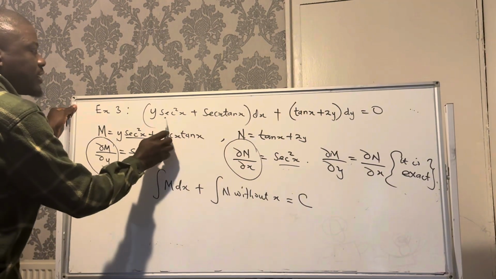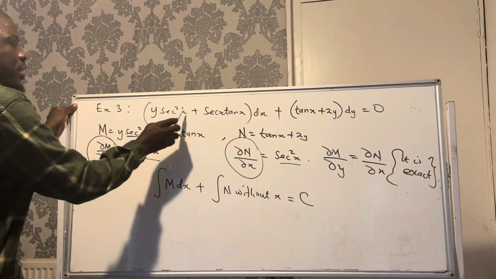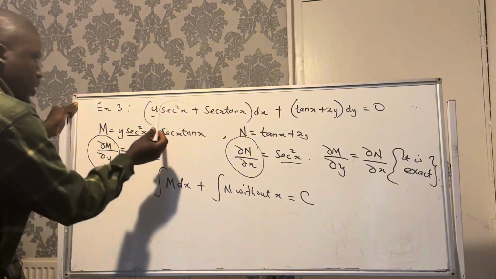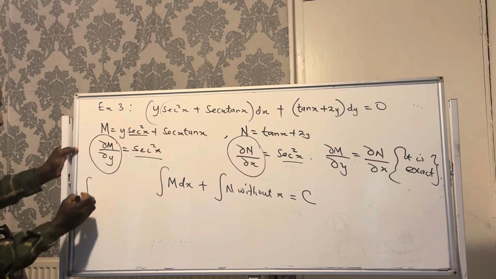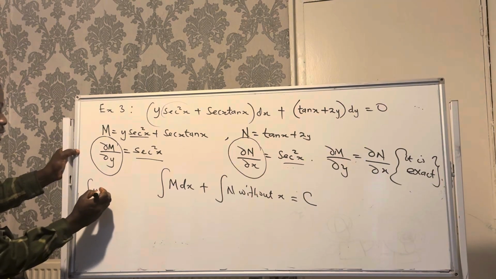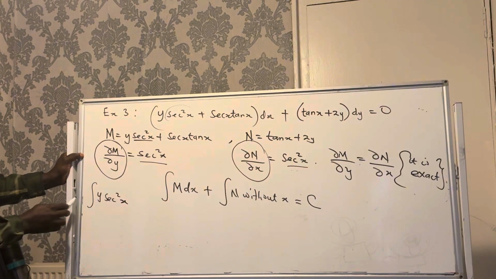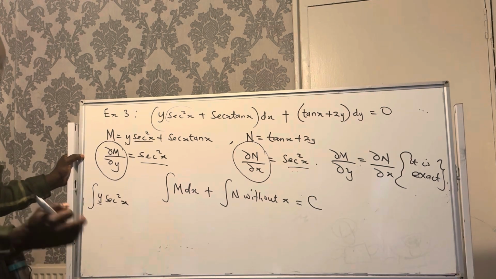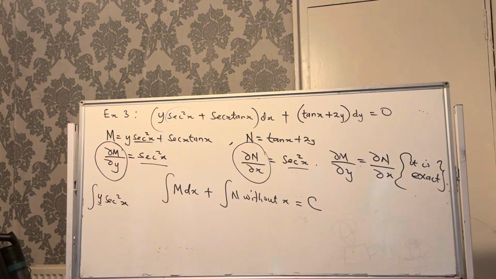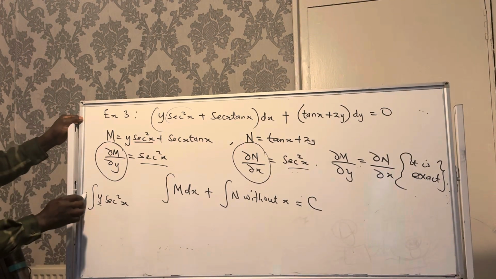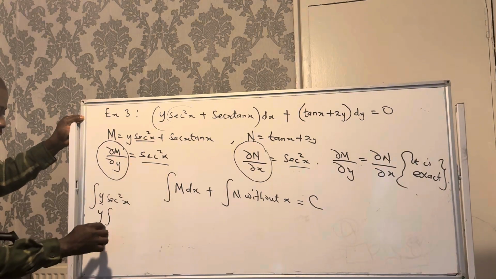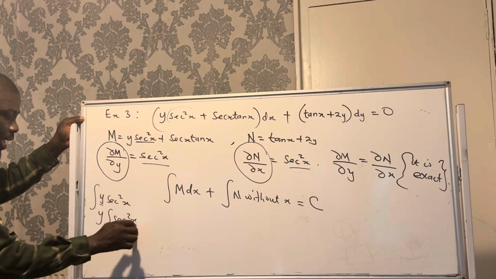Let me explain this. You integrate y sec square s. So y will be constant. Since y is constant, you have y integral of sec square s.